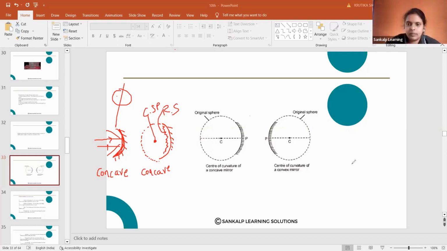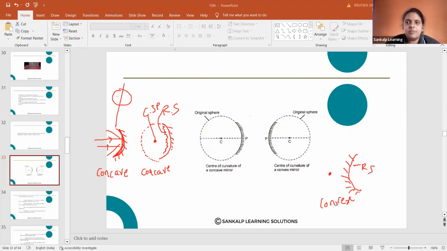This is the shaded area. This is the center of the sphere. Here is my reflecting surface. Here you can see the reflecting surface is away from the center of the sphere. Then it is called a convex mirror.